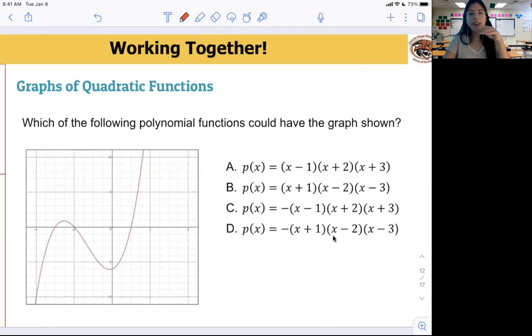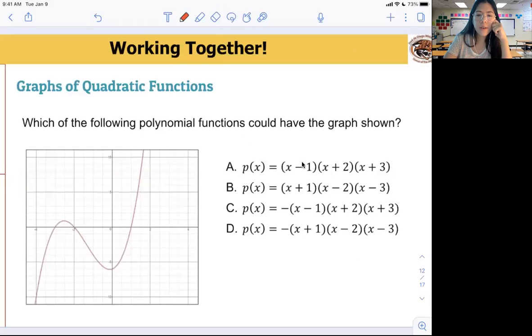All right. Okay. There was another situation where we're stuck between a few options. So we were kind of all over the place, but B and C were the two that we were maybe guessing between. So let's take a look.